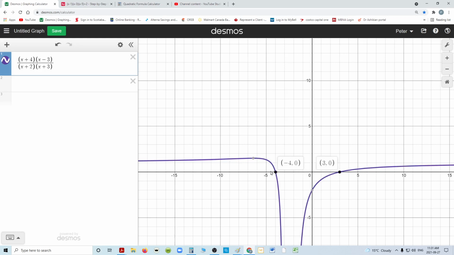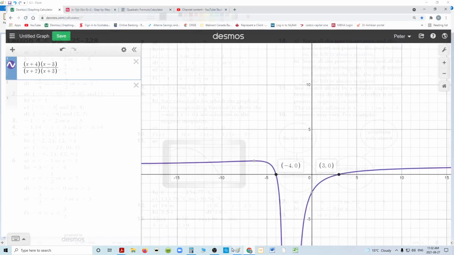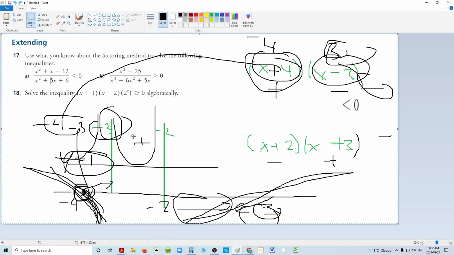Now you cannot just say between -4 and -3. You could, but then you have to say, but x can't be -2 or -3. I'm going to just get rid of a lot of that.